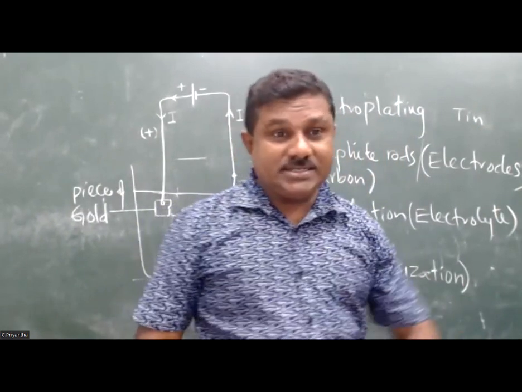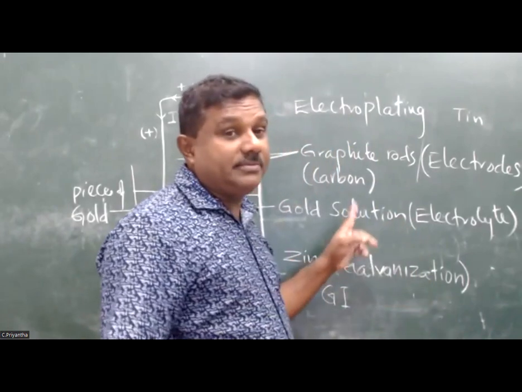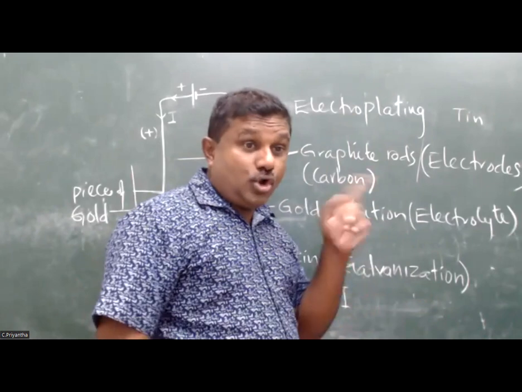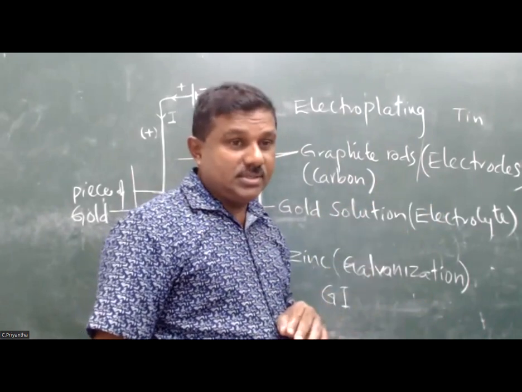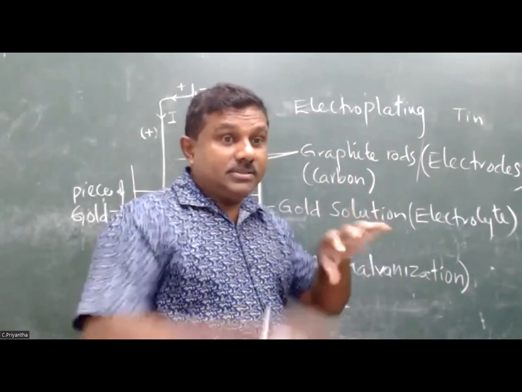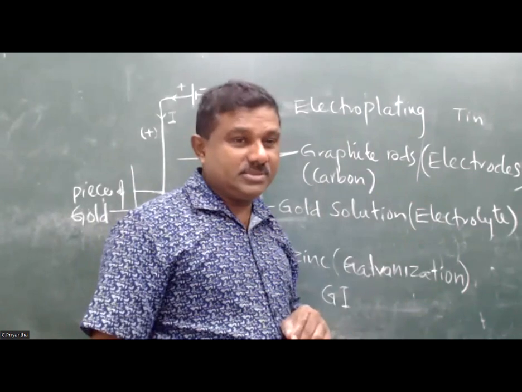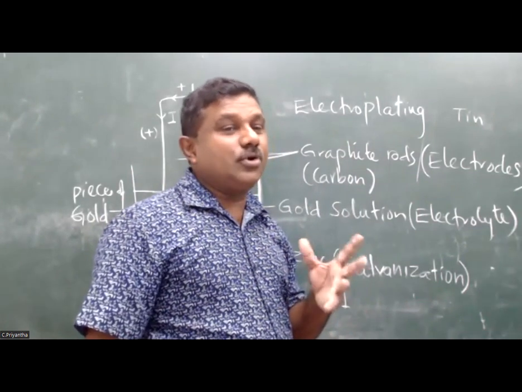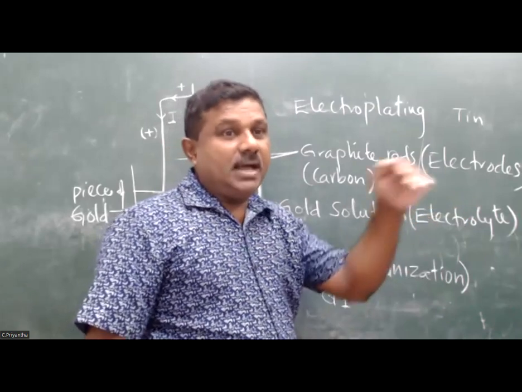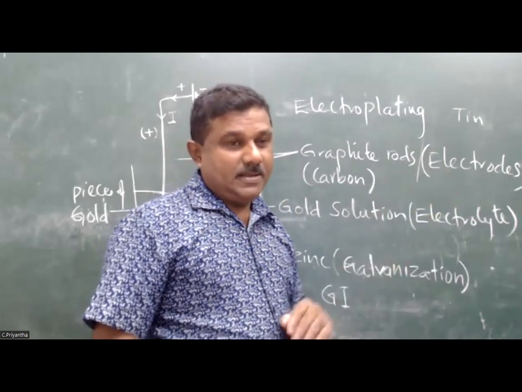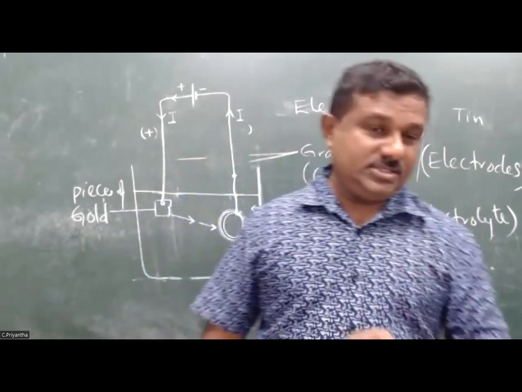Biscuit tins too. Zinc metal is plated on iron materials, gold on jewelries, nickel on bicycle handles. That's electroplating: plating of metal on another surface by electricity.